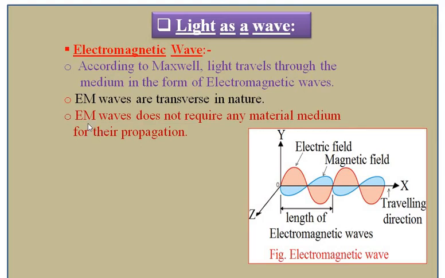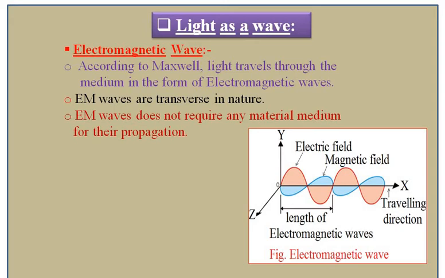The electromagnetic waves do not require any material medium for their propagation. Means, to propagate in a vacuum, it is not necessary to have a medium. It travels through vacuum as well as all material bodies.